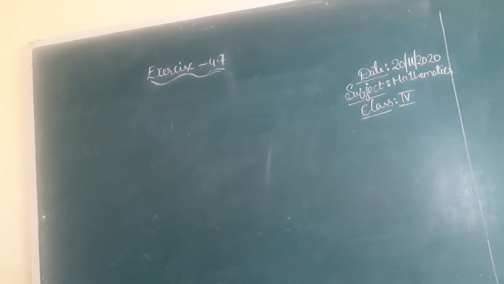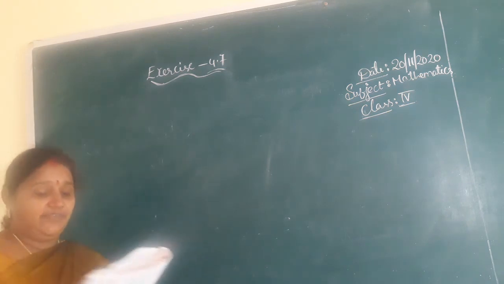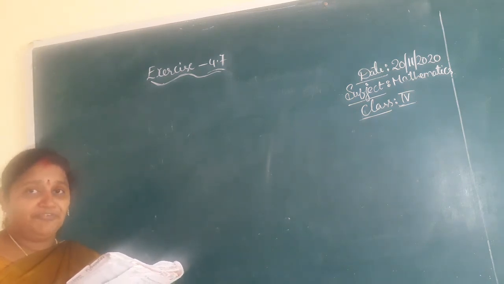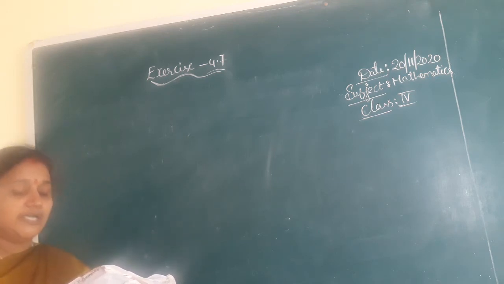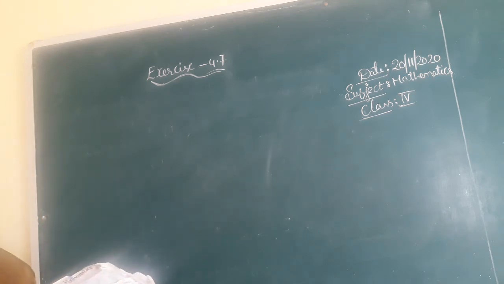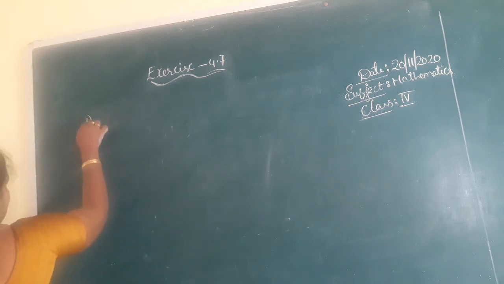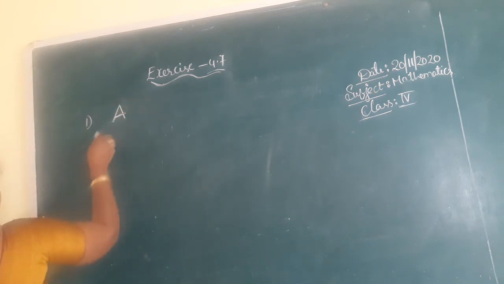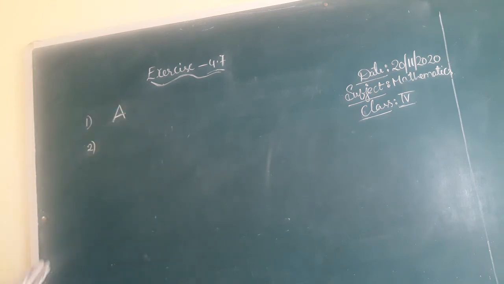How many bicycles are there in all? They are asking how many bicycles are there in all, that means total. What do you have to do? Addition. Second one.